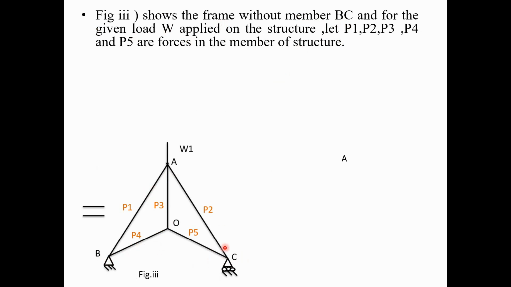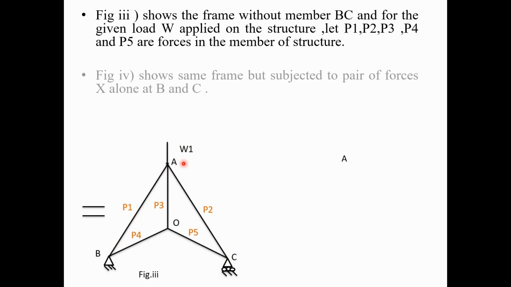Now if you check the stability, this truss is stable, or we can say a determinate truss, because of removing this member. Now because of the applied load W, we can find the forces in all the members, which we call the P forces. So in the analysis, the first step is that after removing the redundant member, you have to find the P forces in the structure because of the applied load.